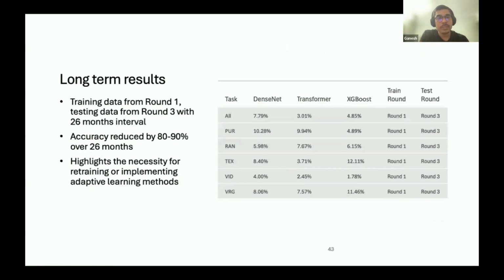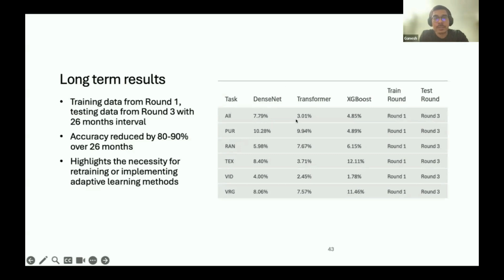But when we went into long-term results, when we tried to test the user by training the model using round one data and then testing the users using round three data, which is 26 months afterwards, we saw an accuracy reduction by 80 to 90%.